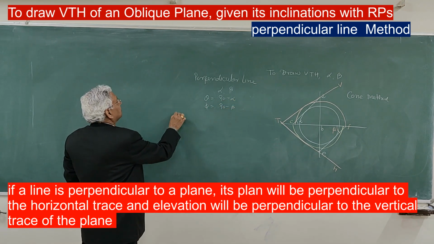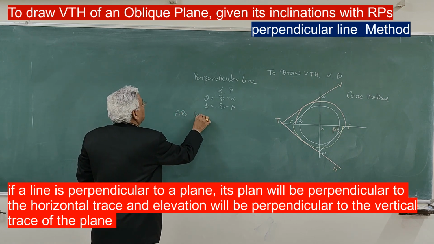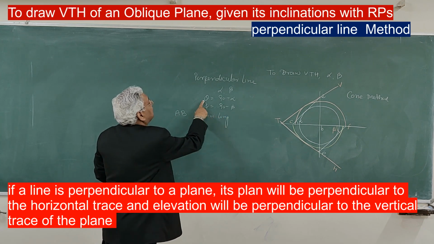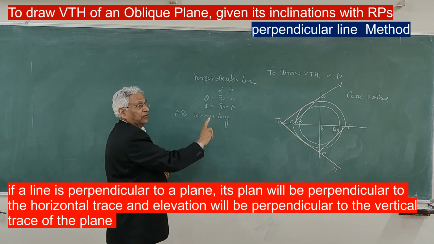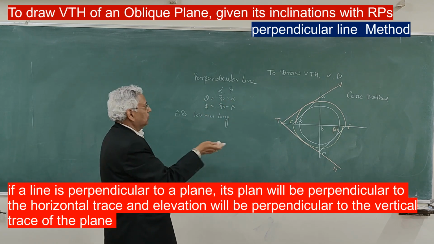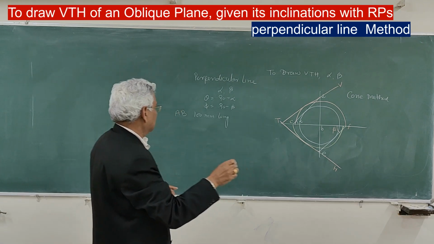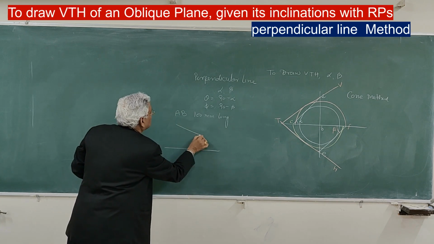So take any line, let us say a line AB, you can assume 100 millimeter long, make it theta, 90 minus alpha is known, and phi with the reference planes. You draw the projection of this line, and I explained this projection of lines in another session. And let us say you get the projection of the line like this.